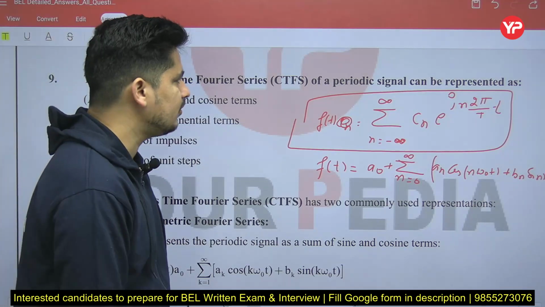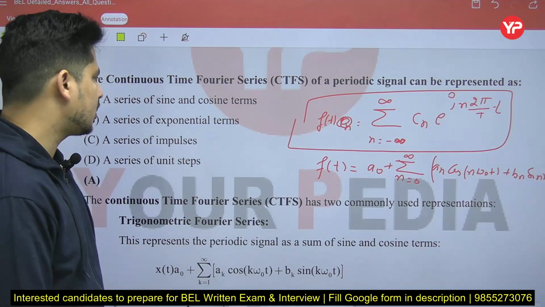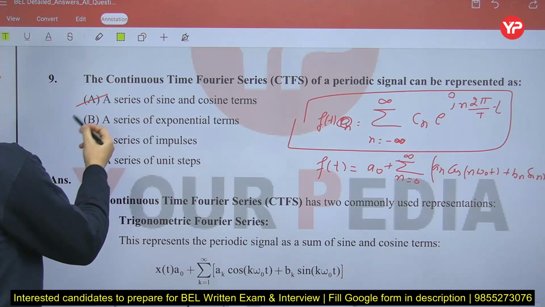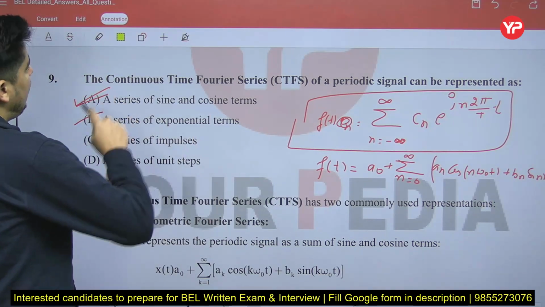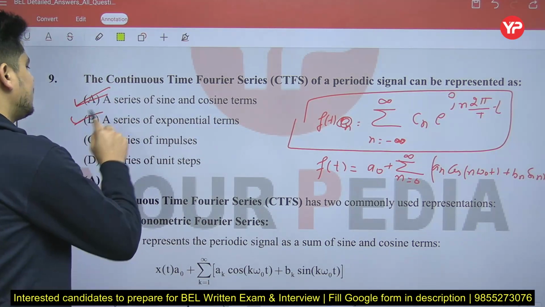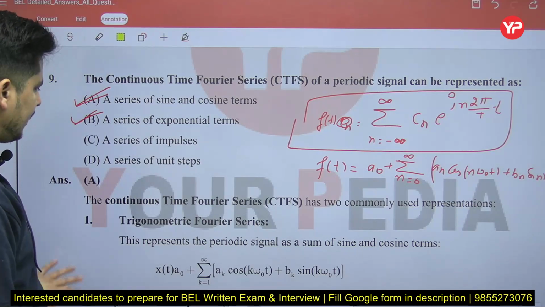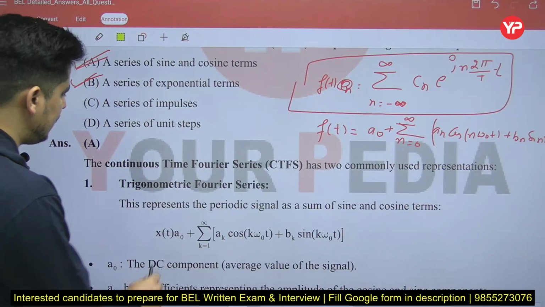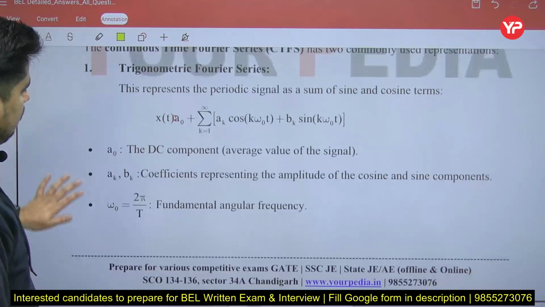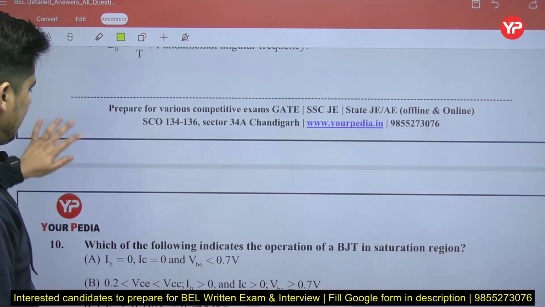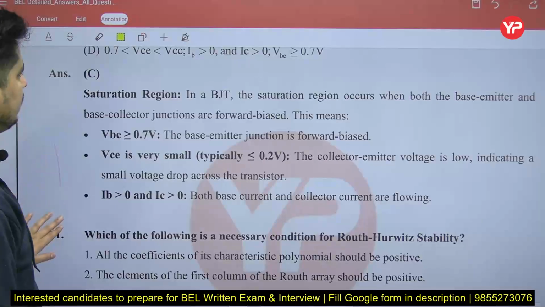One is exponential Fourier series, another one is trigonometric. So both answers are possible. You can fill in any one of them, you can say answer A is possible and answer B is also possible, right? So we have trigonometric Fourier series as well as exponential Fourier series, right? Next.